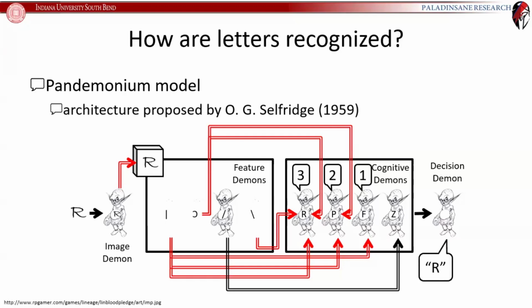That must be an R that we have just seen. So the pandemonium model can actually handle the introduction of different fonts as long as certain aspects of the letter stay the same. The font can change, but you will still get recognition of those letters.